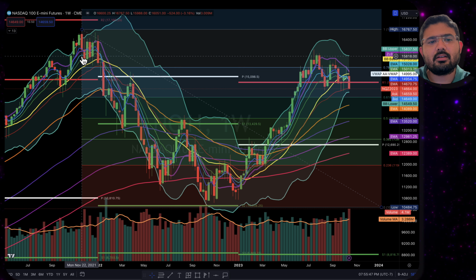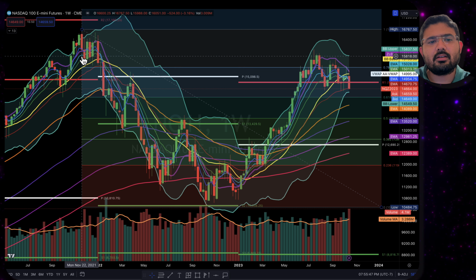What I have done is I have taken the highs of 2021, and I have drawn a Fibonacci retracement pattern, which starts from the high of 2021 to the lows of 2022, and I have stretched that till the current time frame. Now what is happening over here is, you can see this is the 0.618 level, which is the retracement level.